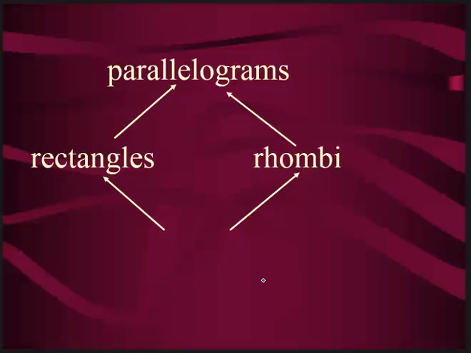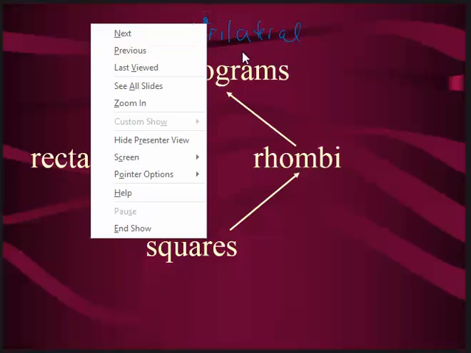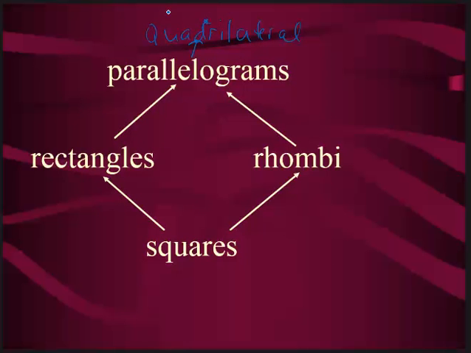Okay, so we have rectangles that are parallelograms, we have rhombi that are parallelograms, and we have squares that are all of those things. And then above a parallelogram, remember, we have quadrilateral, and above that we have polygon.